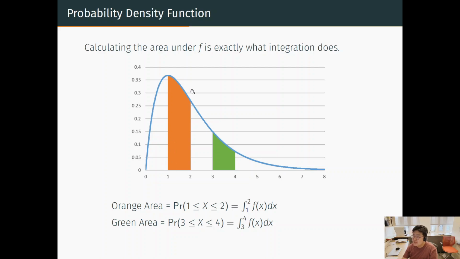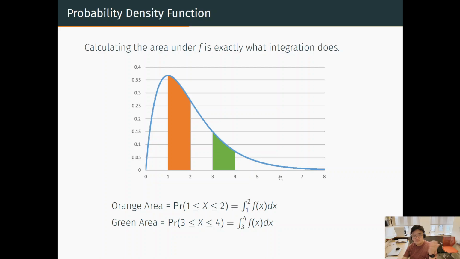So the orange area is the probability between 1 and 2, and that is the integration of this function from 1 to 2, right? Similarly, the green area is the area between 3 and 4 below the function. That is the integration of f from 3 to 4.